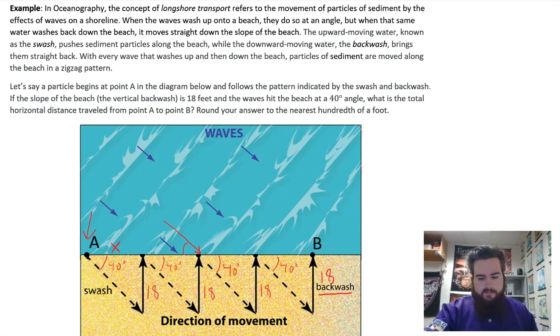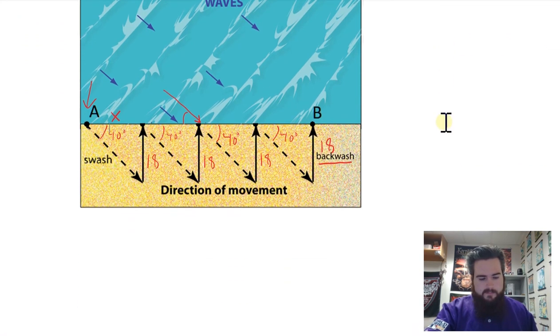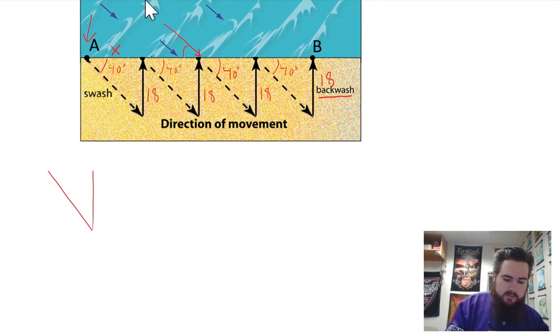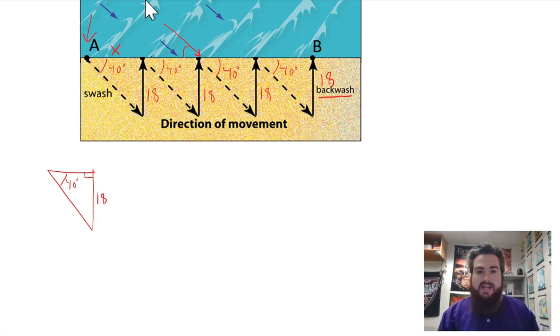So, if I move this down so I have a bit more room, we are really working with a right triangle here with a 40-degree acute angle measure, a side of 18 feet that is across or opposite of it, and we are trying to solve for the side length x.